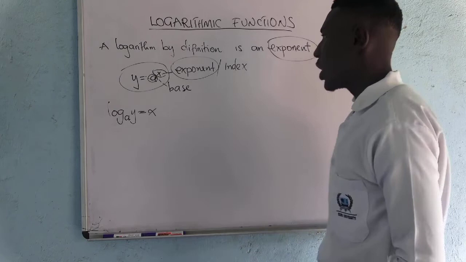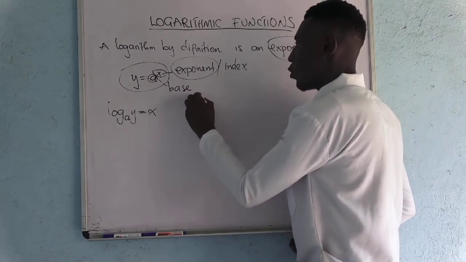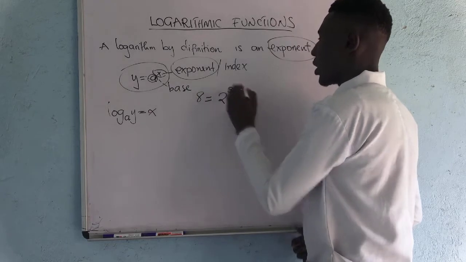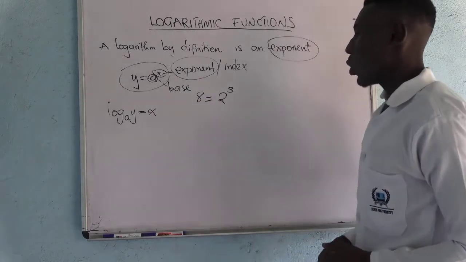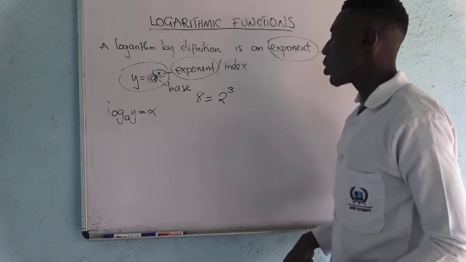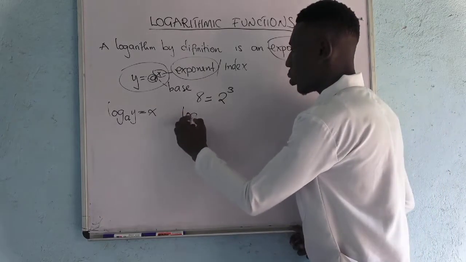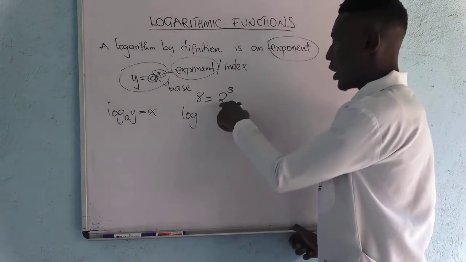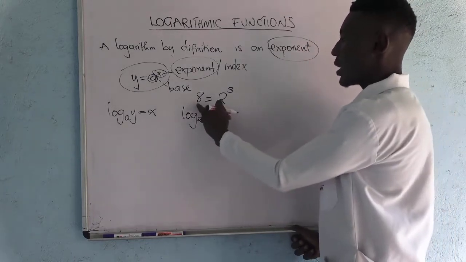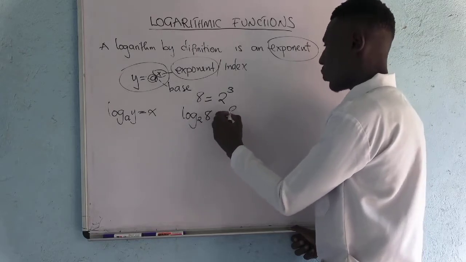Okay, so this is how you can change it from logarithmic form to exponential form, and from exponential form to logarithmic form. An example I can give is, let's say you have the value of 8 equal to 2 raised to the power 3. When this is in exponential form, and we are told to change it into logarithmic form, we're going to say log, this base 2 will be here, then this answer 8 will come there, which will give us the value of the exponent.